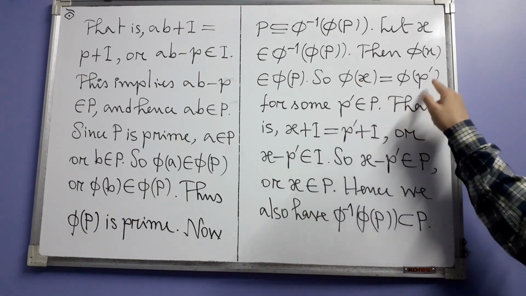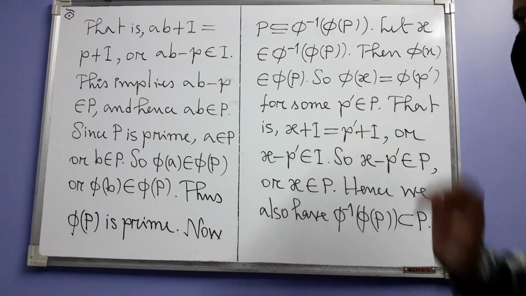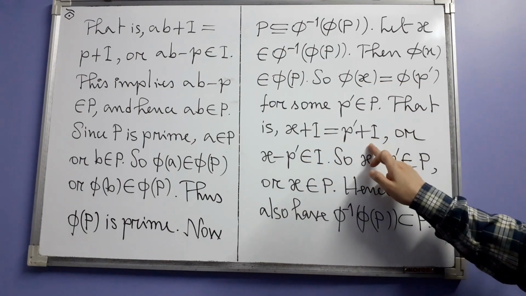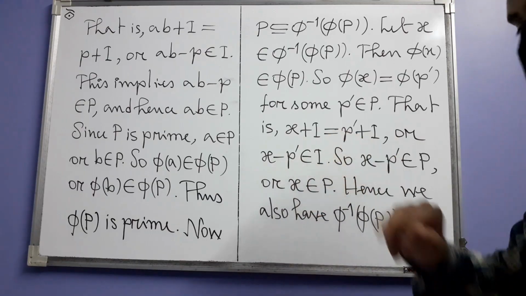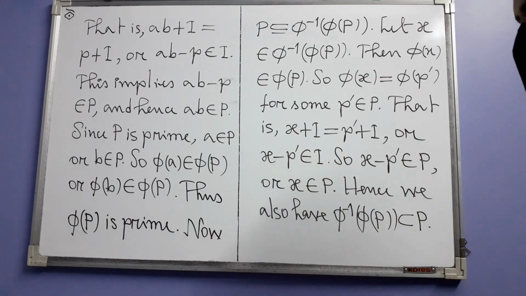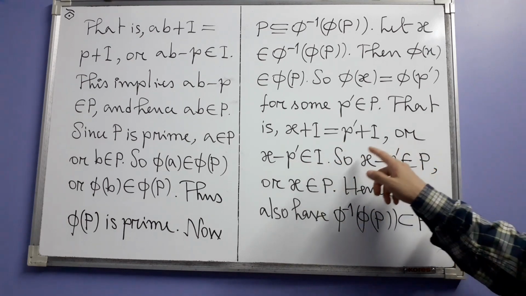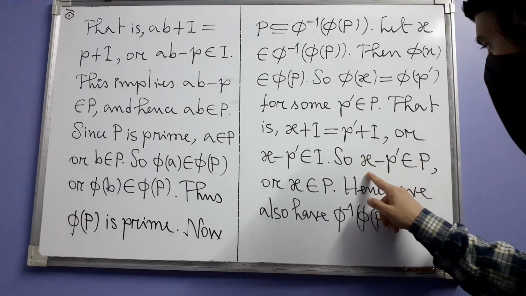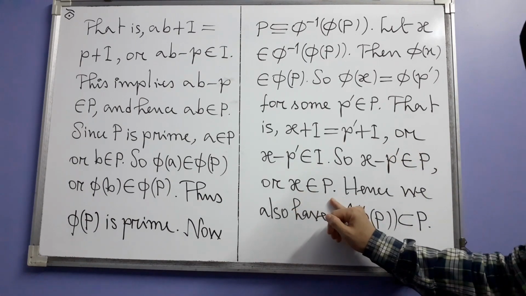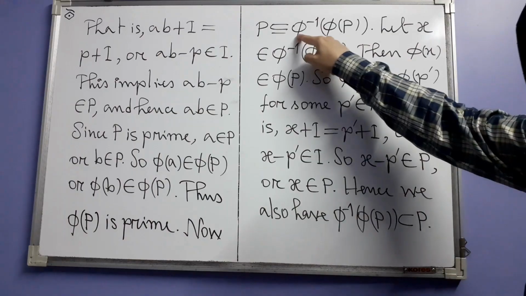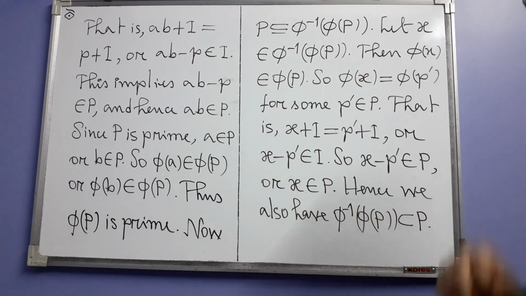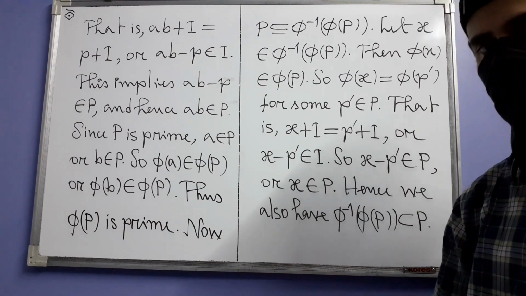So phi of x equals phi of p prime for some p prime belonging to P. Phi of x is x plus I, phi of p prime is p prime plus I. So then these two are equal means x minus p prime belongs to I. Again you use the fact that I is contained in P, and that is why x minus p prime belongs to P. But p prime is already in P, so x belongs to P. So any element x here is here as well. So you have the reverse inclusion as well, which means now you have equality.